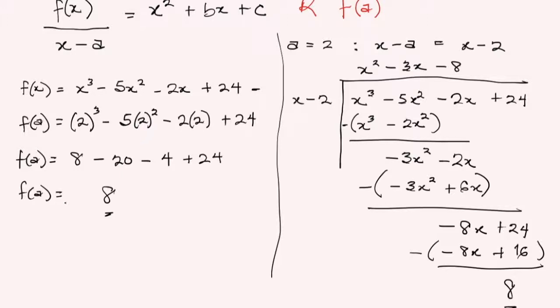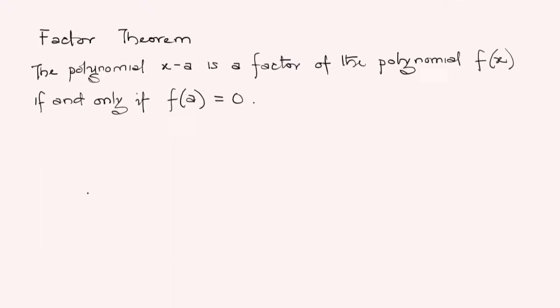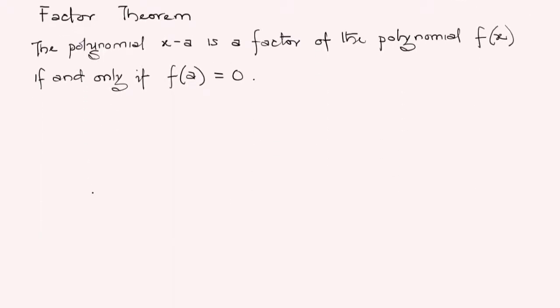Now the question is, how does this help us get the factors for a cubic polynomial? And to understand that, we need to understand the factor theorem. Simply speaking, what the factor theorem is saying is that the polynomial x minus a is a factor of the polynomial f of x if and only if f of a is equal to 0.